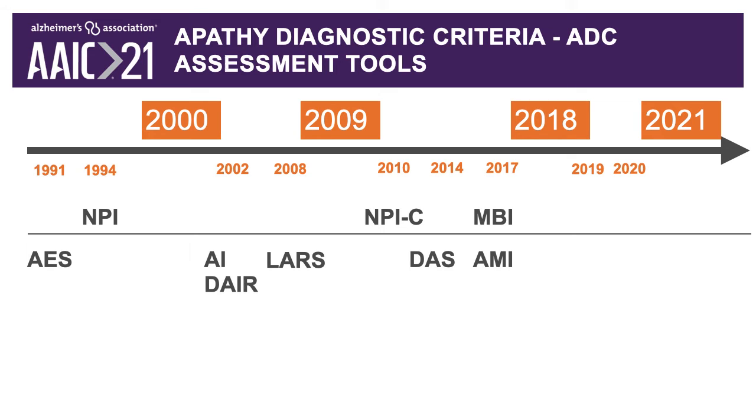This is illustrated in this slide for the temporal interaction between the development of scales and diagnostic criteria. This is true for the full neuropsychiatric scales, like the NPI or the NBI, but also for the scales specific to apathy.